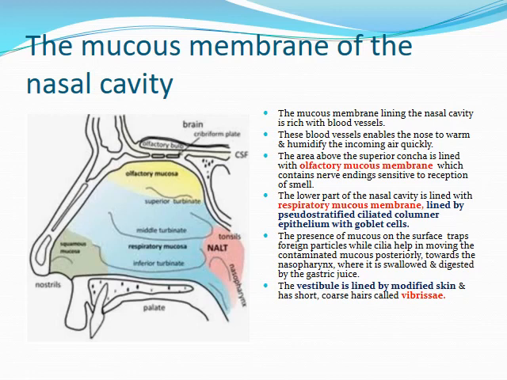The mucus on the surface traps foreign particles, while the cilia help in moving the contaminated mucus posteriorly towards the nasopharynx, where it is swallowed and digested by the gastric juice. The vestibule is lined by modified skin, and it has short coarse hairs called the vibrissae.